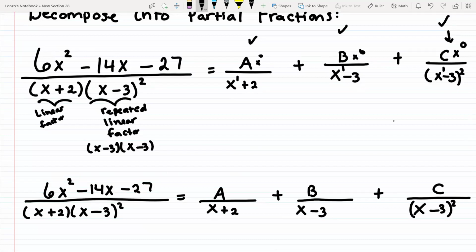Okay, so we could get rid of the fraction by multiplying all 1, 2, 3, 4 sides by the LCD. So what do you think our LCD is? It's going to be x plus 2, x minus 3 squared. If you forget how to find the LCD, there is a video on my playlist that talks about LCD. So I'm going to multiply all 1, 2, 3, all 4 sides by that.